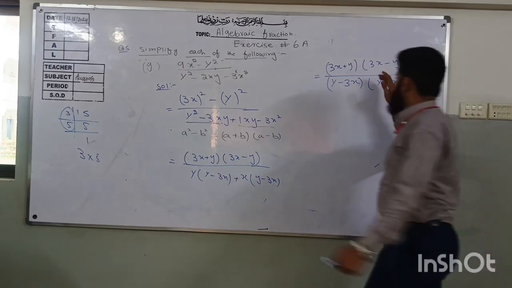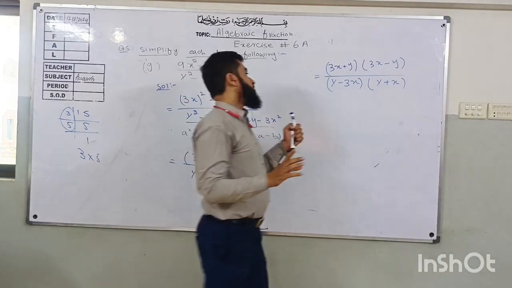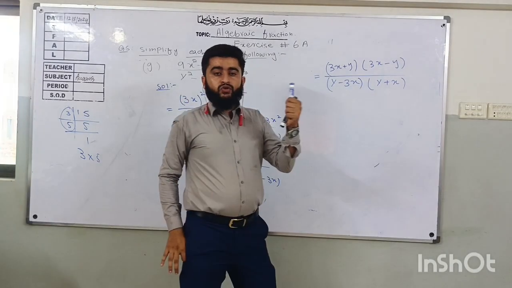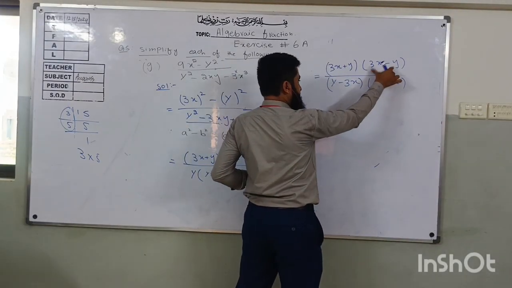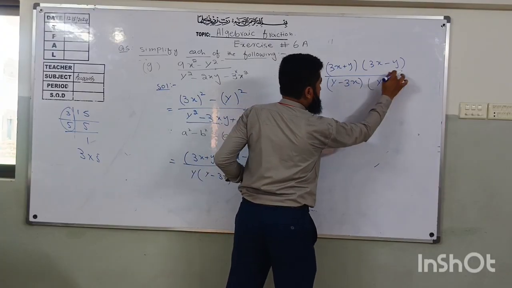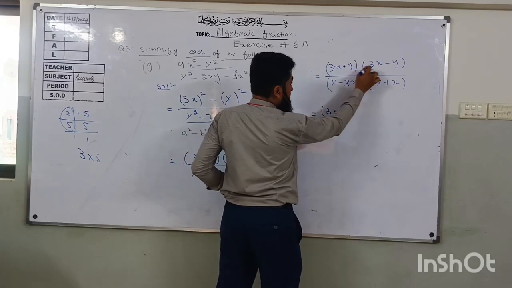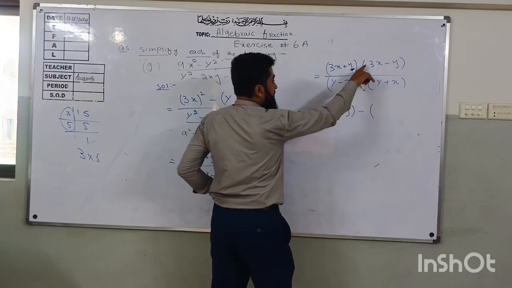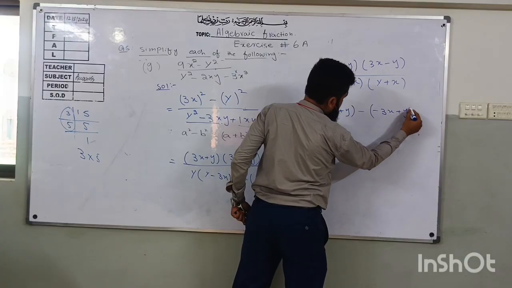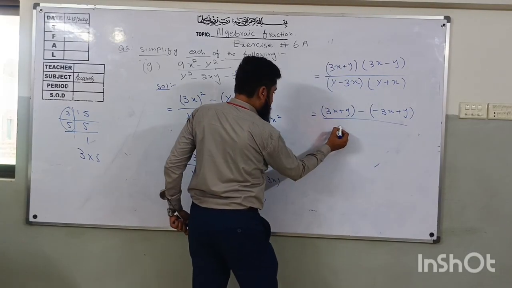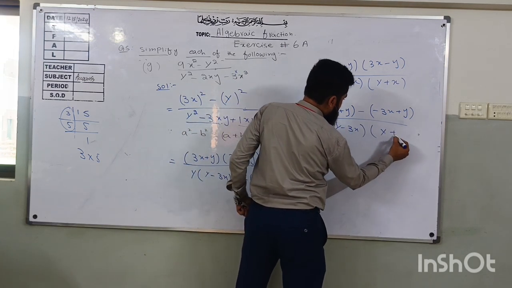How will we change the sign? If you want to change the sign, it's up to your choice. You can change the sign of the numerator or denominator. When you want to change the sign, then you take negative common, and the sign will be changed inside. 3x plus y, we will take negative common, so the sign changes: minus 3x plus y, upon the denominator as it is, y plus x.